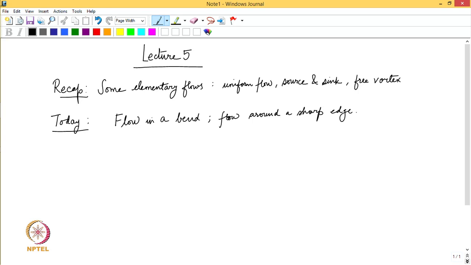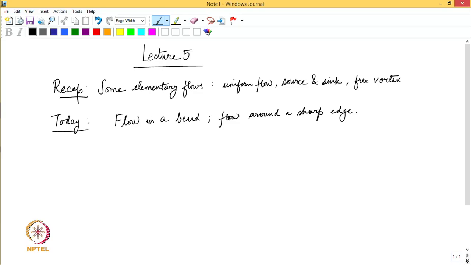One is flow in a bend, the other is called flow around a sharp edge, and these are flows which we would typically see around a solid boundary or a solid object, as compared to what we did in the previous lecture, which was away from a boundary, so to say.